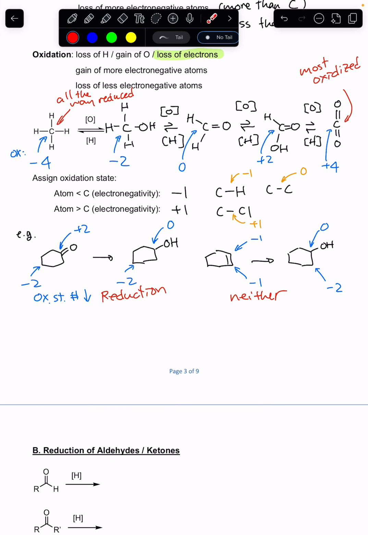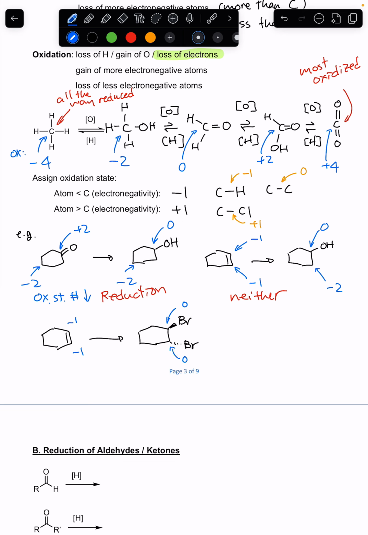Okay, let's do another example for practice or to explain this idea. Let's say we went from a similar alkene to this compound, which again we're going to study very soon. In this case the oxidation state is -1 as we looked at, and this is going to be 0, and this is going to be 0.